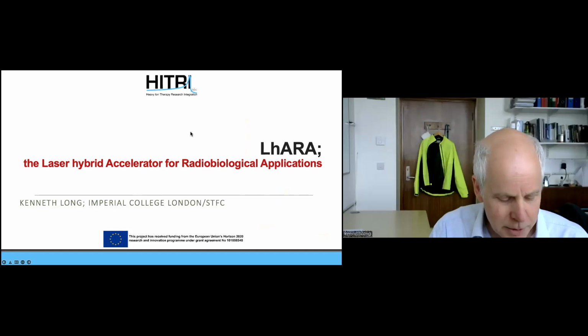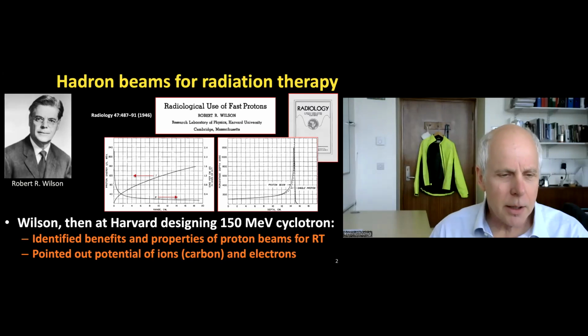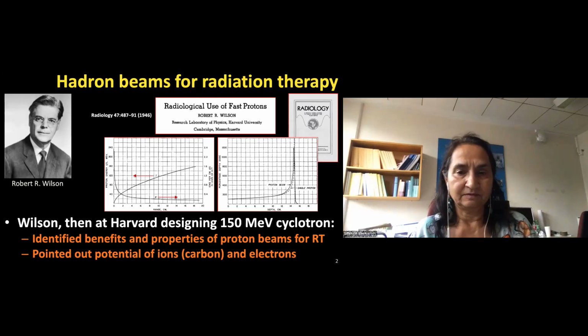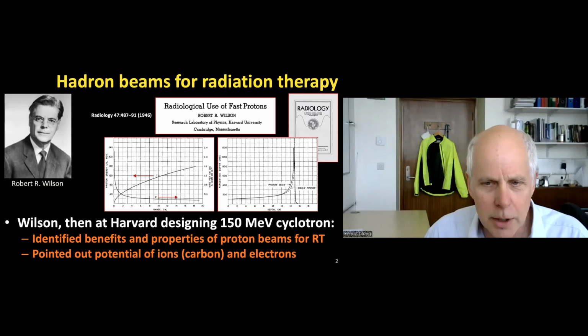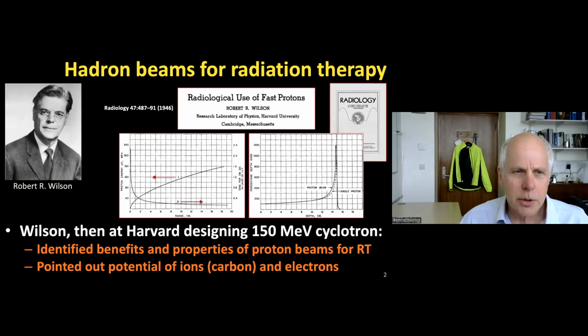Okay, thank you very much, Manjit, and thanks for the opportunity to present our project here. So where to start? I decided to go back to the beginning, and Ugo Amaldi has already summarized all of this, of course. I think the key point that I wanted to make was that Wilson was working on the development of accelerators for scientific applications.